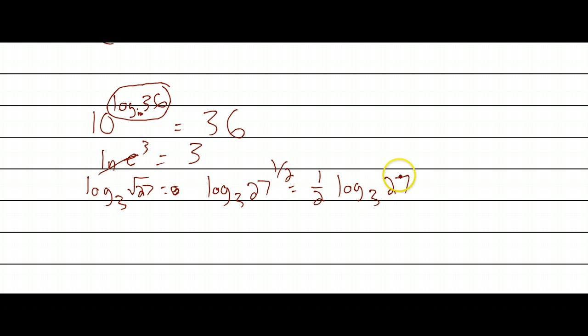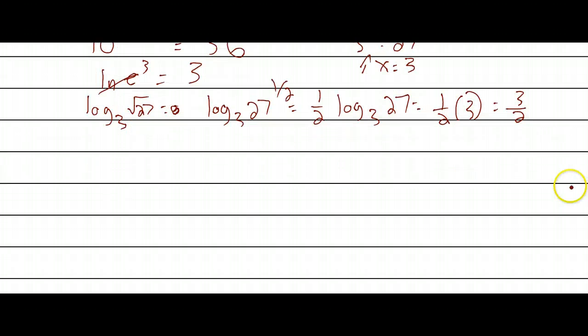Well, log base 3 of 27, you rewrite this as 3 to the x is equal to 27. So x is 3. So you have 1/2 times 3. This is just 3 halves. Whenever you have square roots or whatever, write it in exponent terms, and then just use your rules. You move the exponent to the front, and then evaluate your log.